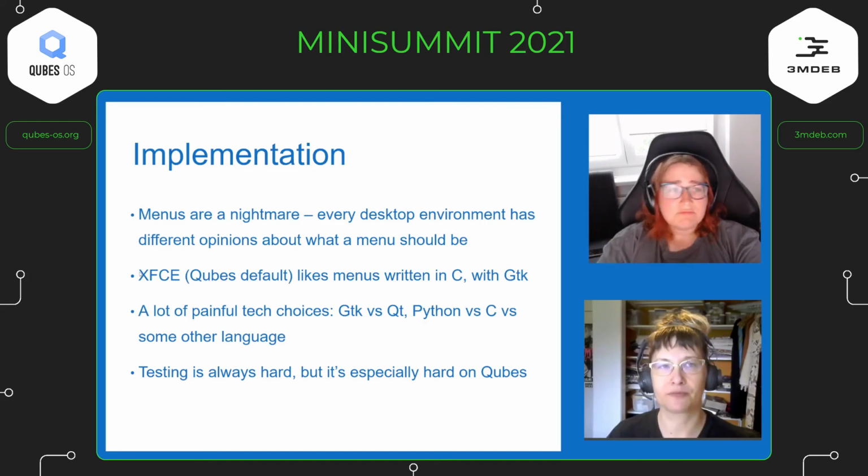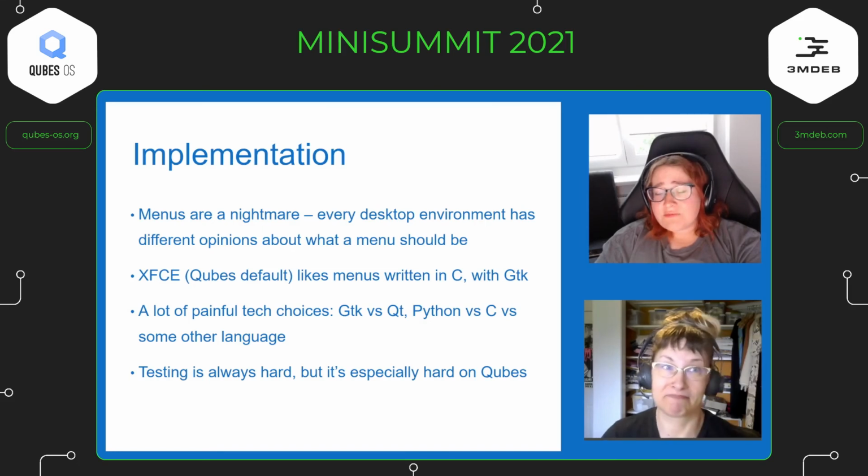XFCE, which is Qubes' default, uses menus that should be written in C, because the XFCE bindings are only for C, and using GTK. And this would be a nightmare to do for Qubes because we don't have C bindings for all the Qubes libraries, and also we don't really like to use too much C. C is not easy to do securely, as everybody knows.